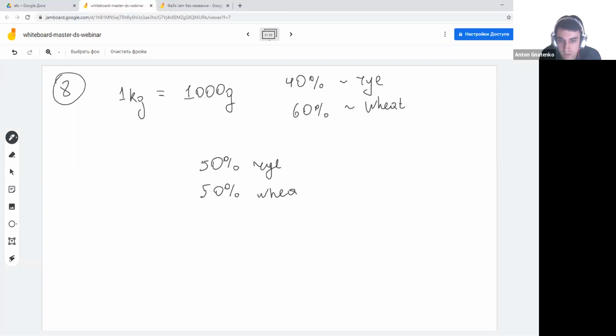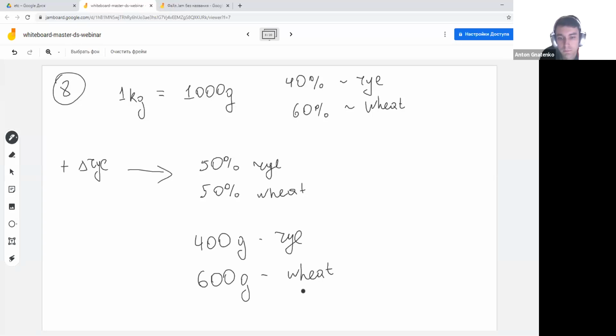Okay, so we want some additional rye. I will denote it by delta rye. We need to add something to the mixture which will lead to this situation. So let's compute. We had 1,000 grams of the mixture, 40% rye, which means 400 grams of rye, and 60% wheat, which is 600 grams of wheat.